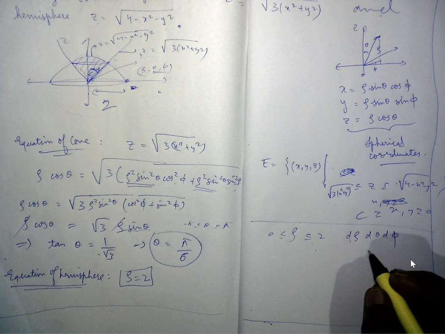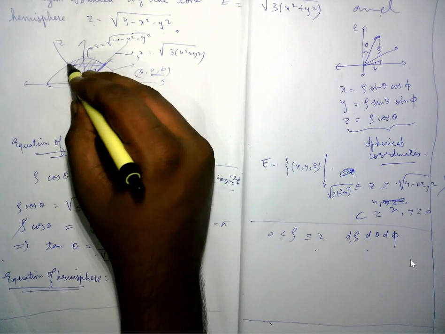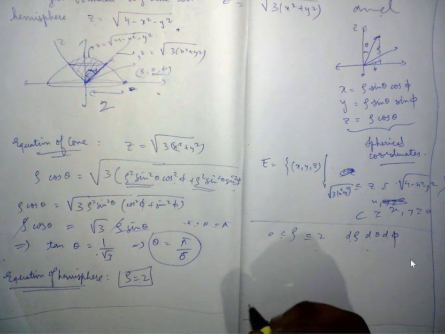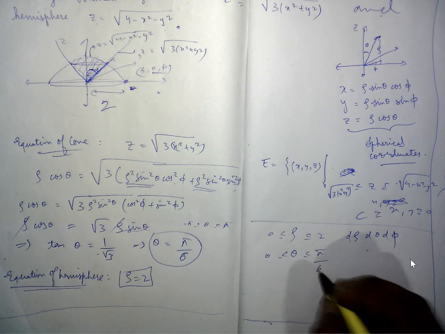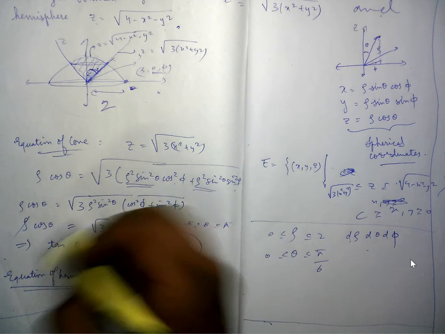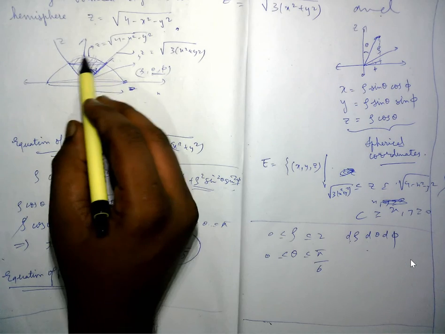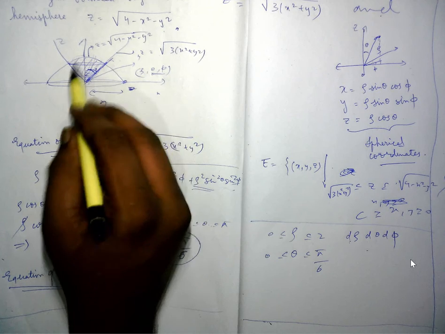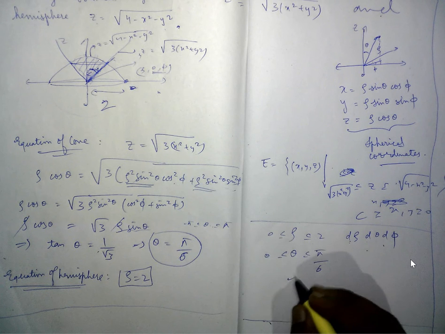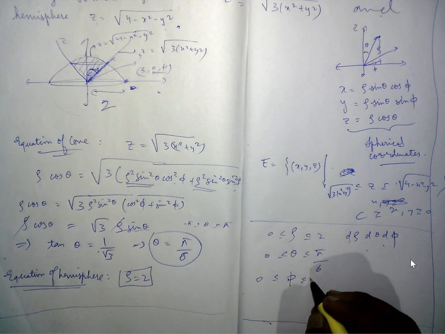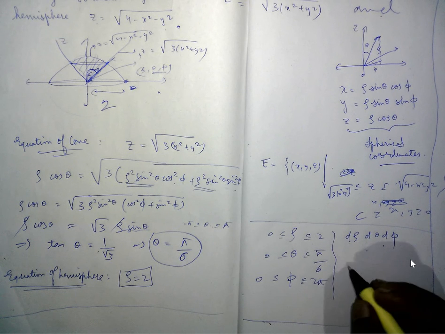Secondly, we know that the equation for this cone is theta equal to pi by 6. If we restrict theta between 0 and pi by 6, we'll obtain this whole cone. And when we take rho between 0 and 2, we obtain a part of this hemisphere, and phi is unrestricted, so we vary phi from 0 to 2 pi. You can also cross check this.